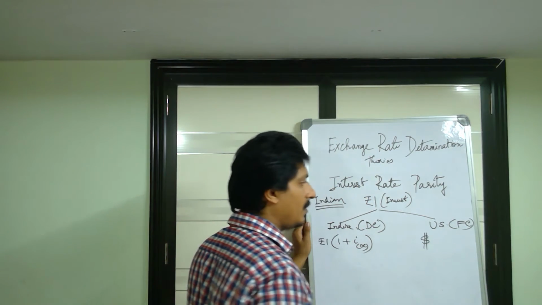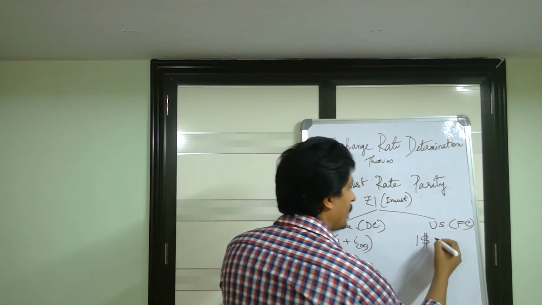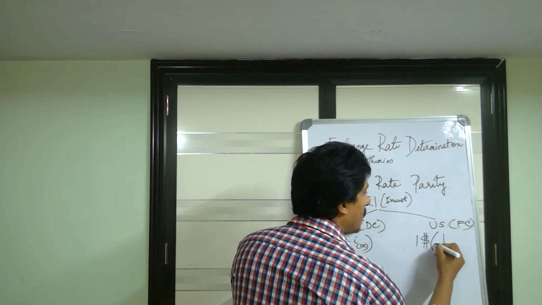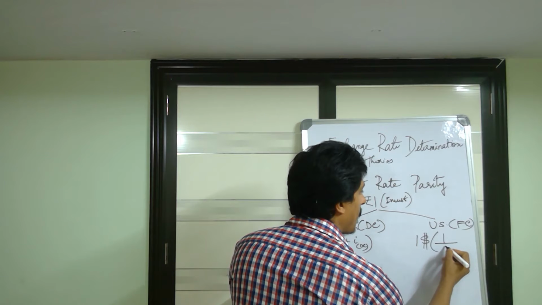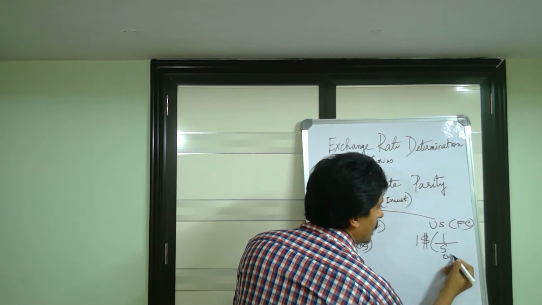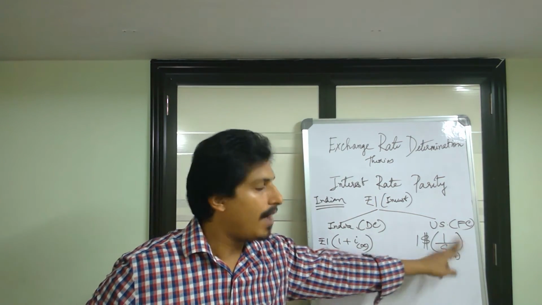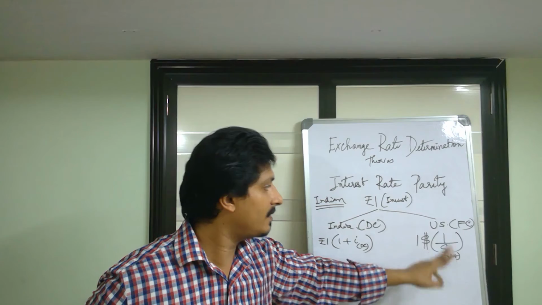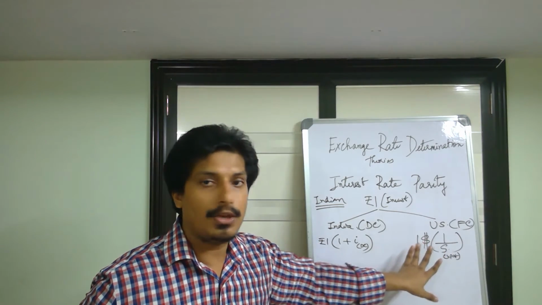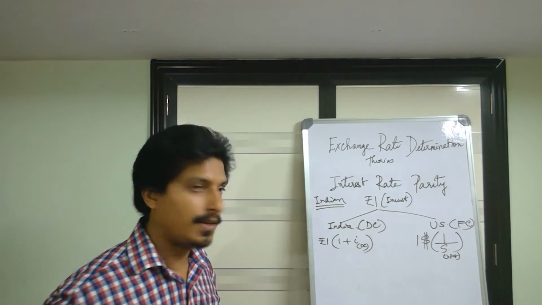Converting rupee into dollar equals the dollar value: $1 into 1 divided by the spot rate. 1 divided by spot rate. This is the spot rate. At this value, in this way, you will be converting your rupees into dollars.